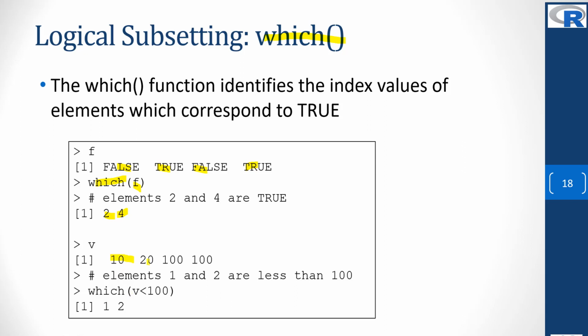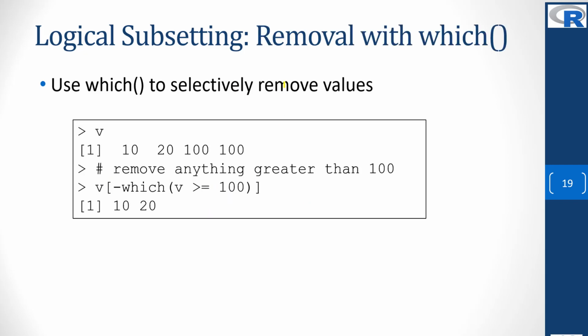We have a vector 10, 20, 100, 100. V less than 100 matches the first and second elements of that vector. So the which function is useful for getting the numeric index values, not the actual values, but the index values of those matching elements.